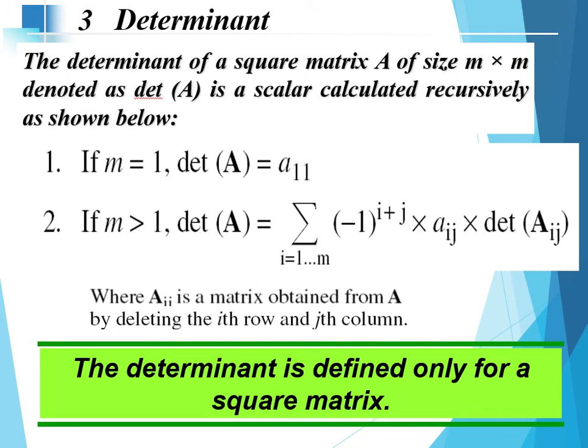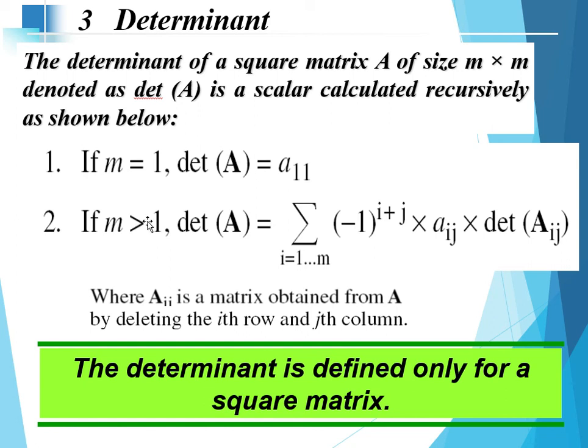Next is the determinant. The determinant of a square matrix A of size m into m, denoted as determinant of A, is a scalar calculated recursively as shown below. If m equals 1, the determinant of A equals A_11.